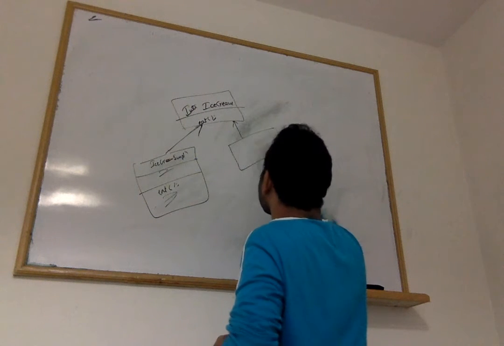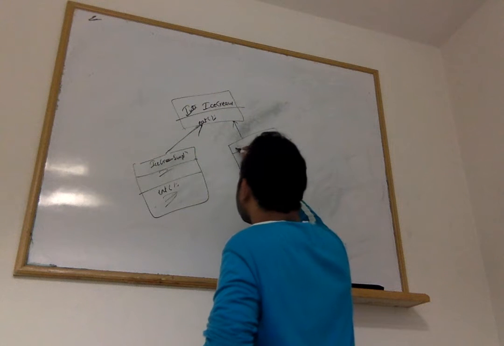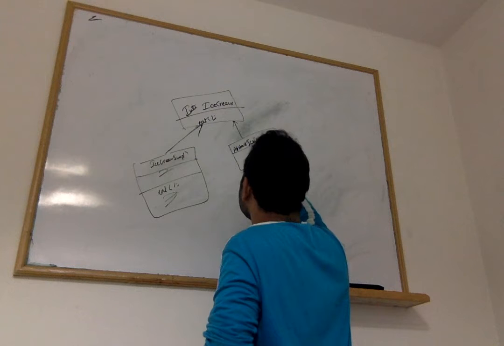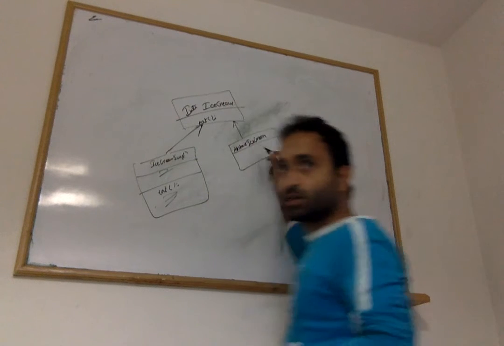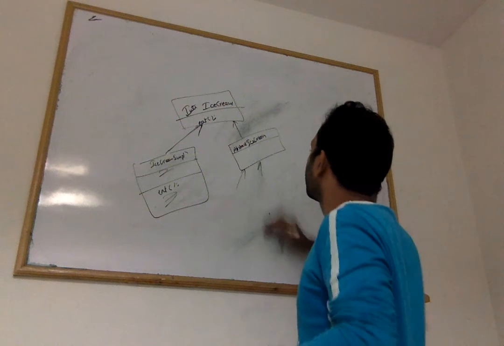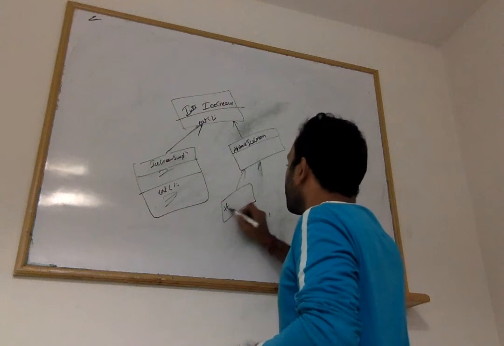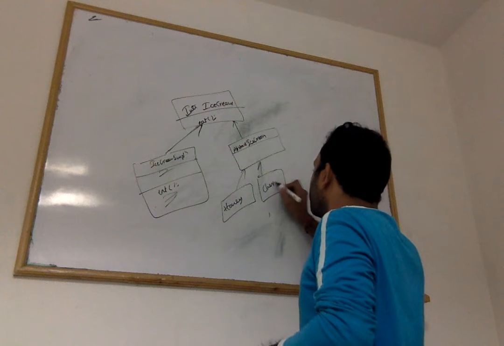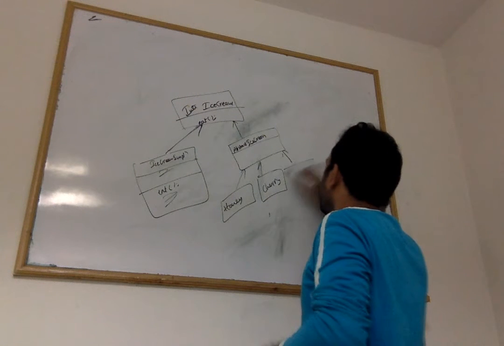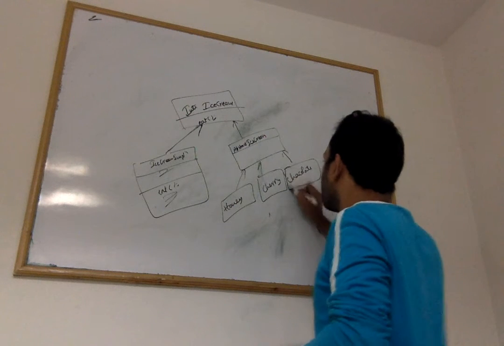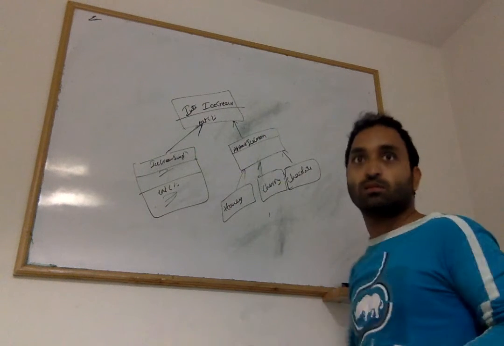You will make an abstract ice cream. You are going to abstract the flavors, and you will have flavors like honey, cherry, and chocolate.